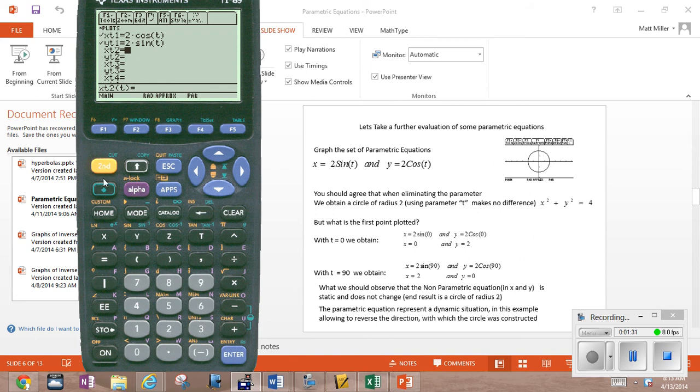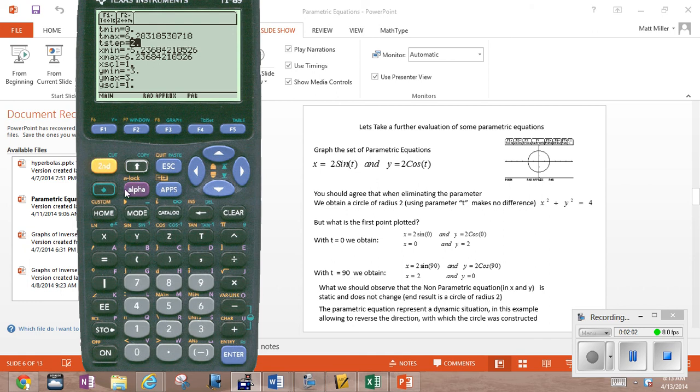Now, before you go anywhere, you want to go to your window. I'm going to have to set these. The t minimum is going to start at 0, and then we're going to kick it up to 2 pi. Here's our pi value right here. The t step is going to be set at pi over 24.